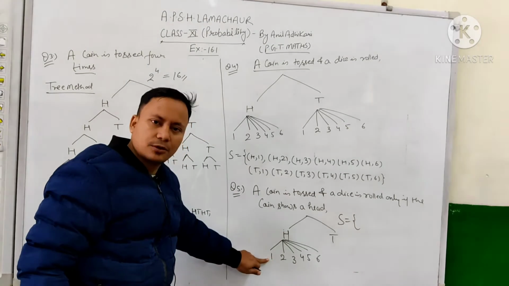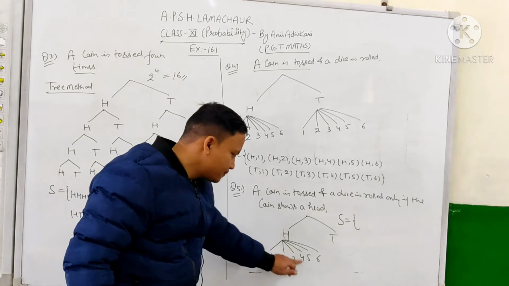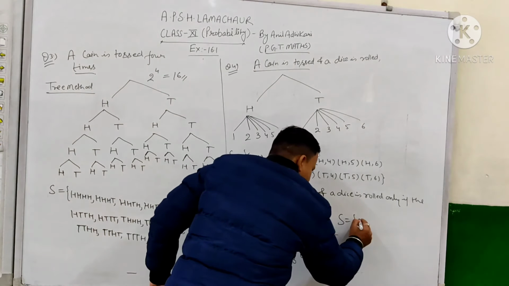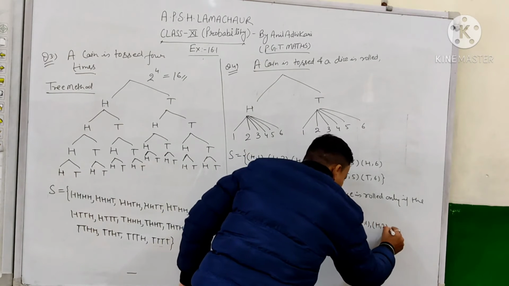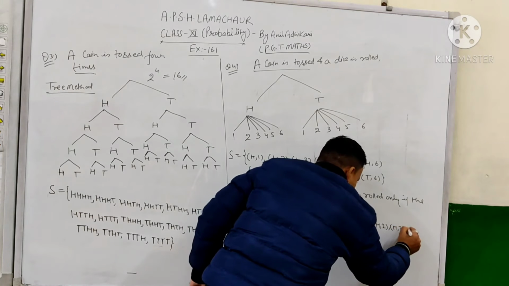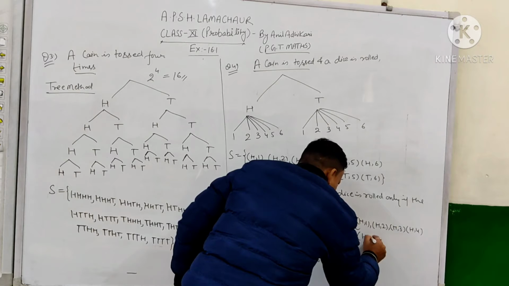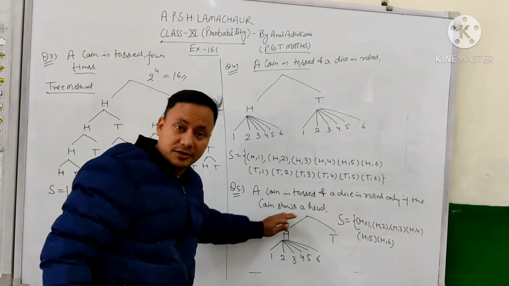Whether head और dice पे 1 आ जाए, head dice पे 2 आ जाए, H3, H4, H5, H6. So there are 6 cases. So H1, H2, H3, H4, H5, H6. So these are the 6 conditions related with the head.